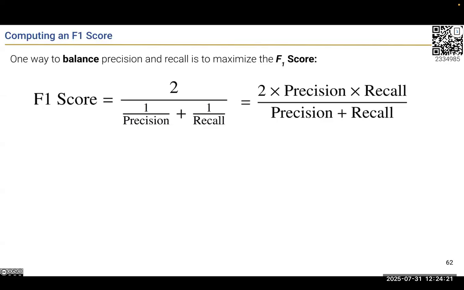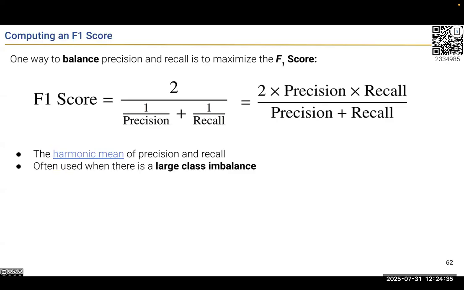This is the harmonic mean of precision and recall. Our goal is to find the threshold that maximizes this F1 score.